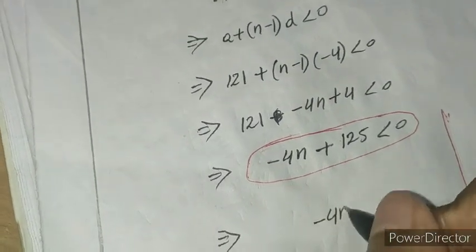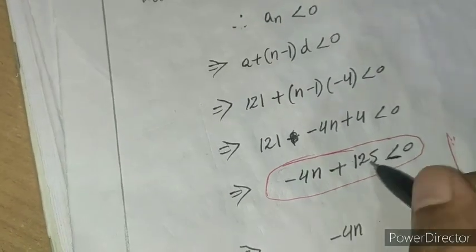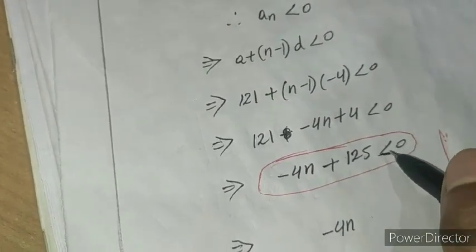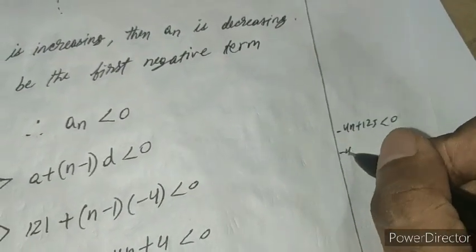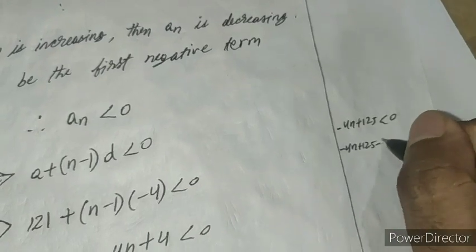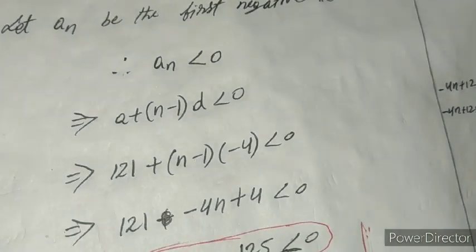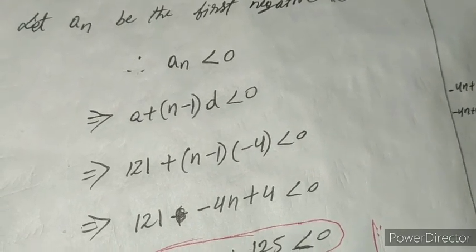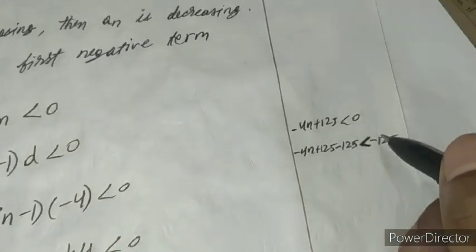Minus 4n. Now subtract both sides with 125. So minus 4n plus 125 minus 125 is less than 0 minus 125. When you subtract, there won't be any effect on the inequality.